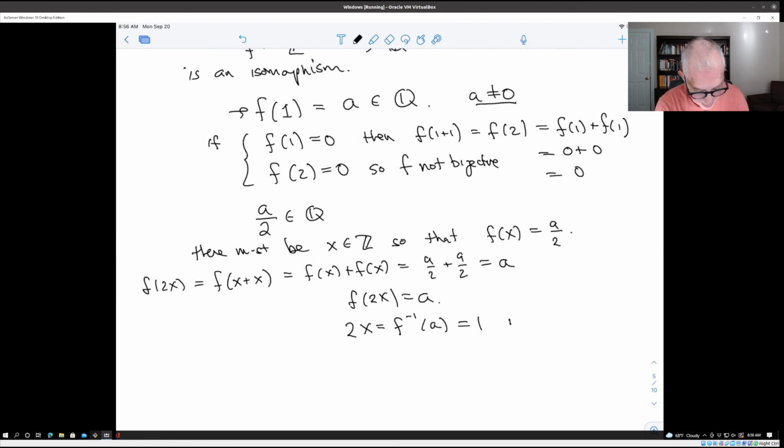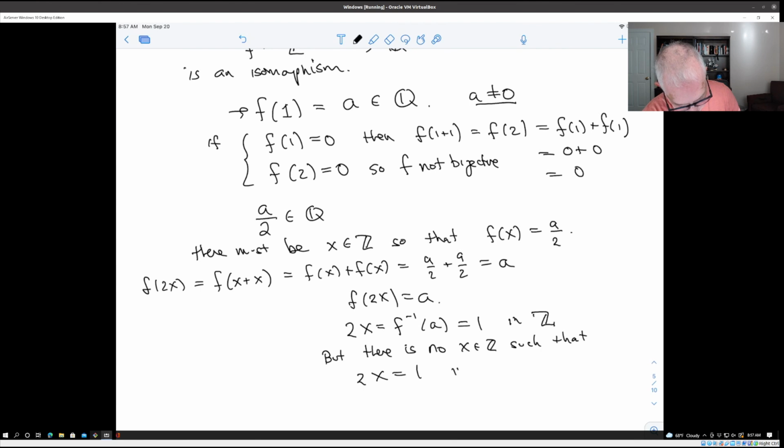And this is an equation in Z. In other words, x has to be an element of Z, which solves the equation 2x equals 1. But there is no such x. And so we must have a contradiction.